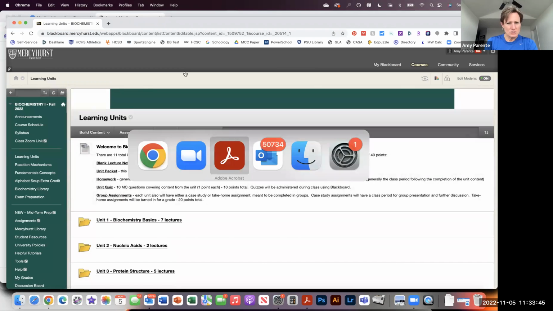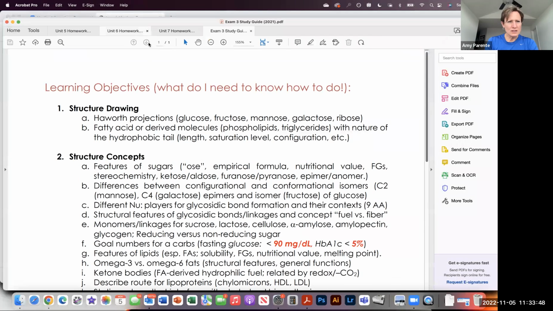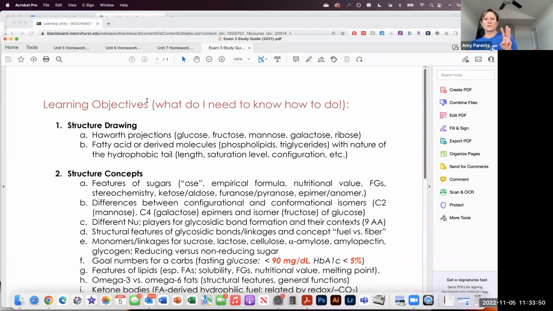All right, so the third exam is on three learning units: carbohydrates, lipids, and membrane transport. If I had to give a percentage breakdown, it's probably 50%, 30%, 20% in terms of emphasis on the exam.